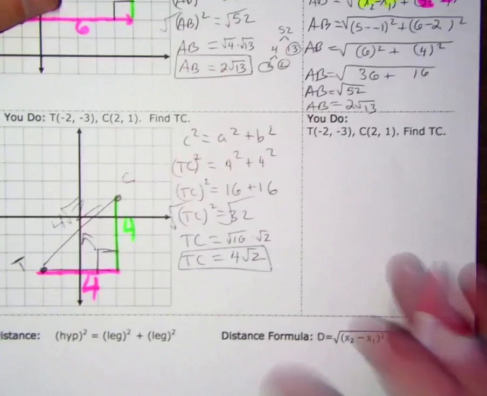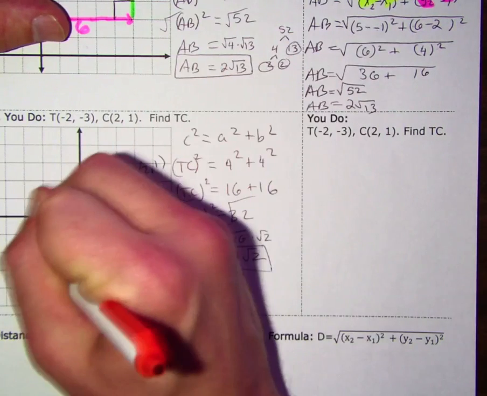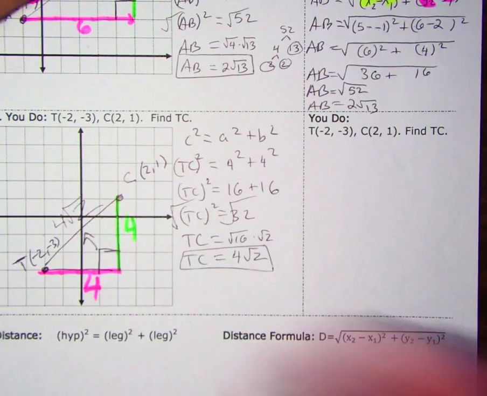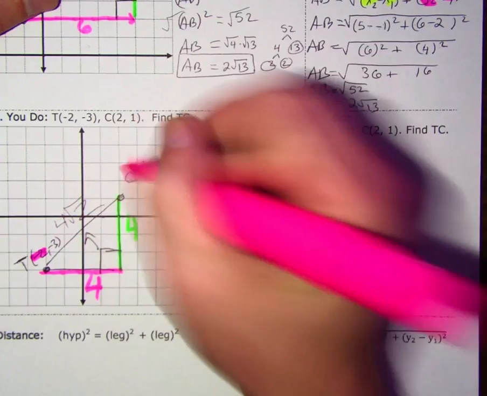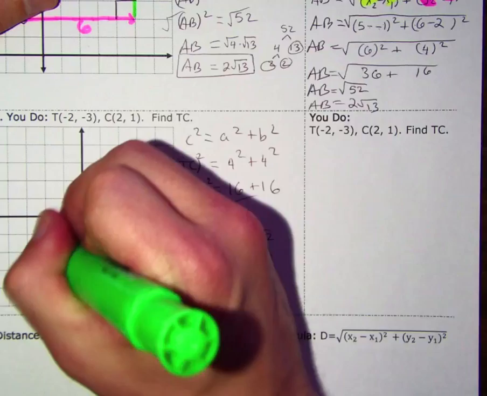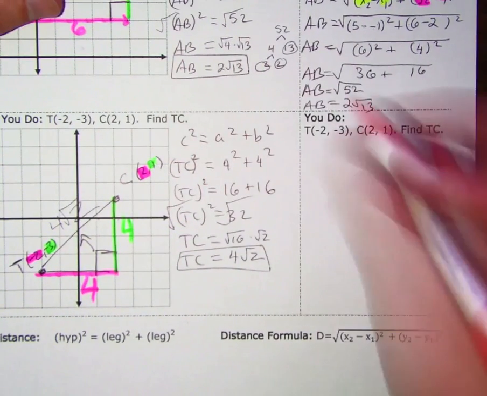If you were to use the formula, C is 2 comma 1, T is negative 2 comma negative 3. So I'm just going to go ahead and look at my x coordinates. And these will be my y coordinates, the up and the down. And I'm going to go ahead and write my formula over here.